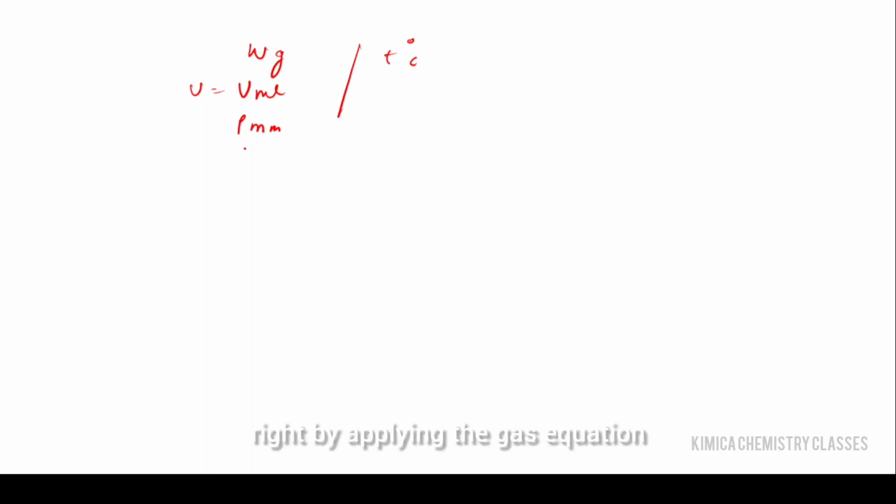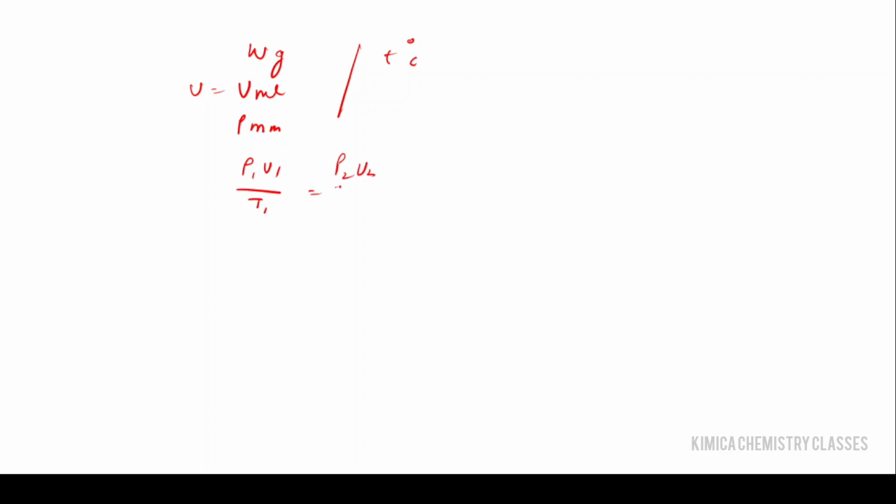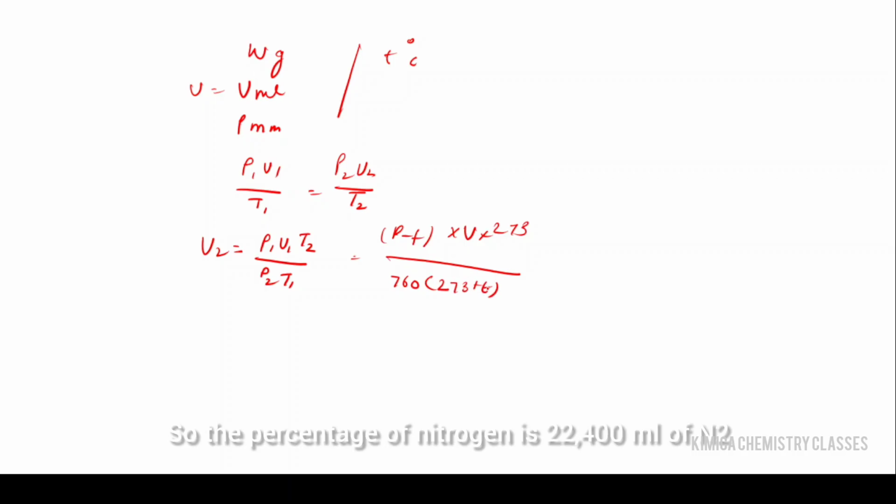By applying the gas equation, what is the gas equation? P1V1/T1 = P2V2/T2. The volume of N2 at STP we have V2 is equal to... So for the percentage of nitrogen, 22,400 mL of N2 gas at STP weighs 28 grams.